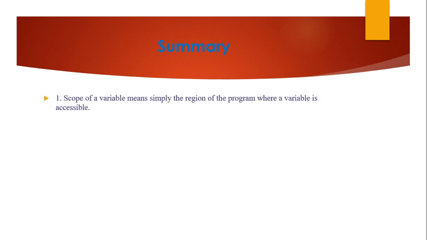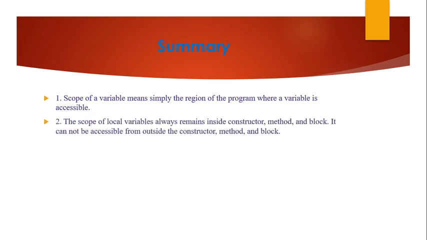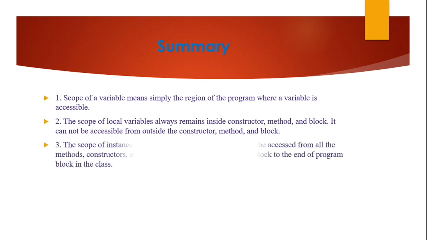Let's discuss what are the things we learn here. First of all, we learn that the scope of a variable means simply the region of the program where a variable is accessible. Second, the scope of local variables always remains inside a constructor, method or block. They cannot be accessed from outside the constructor, method or block.